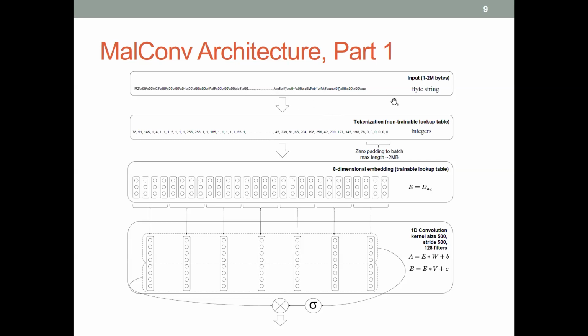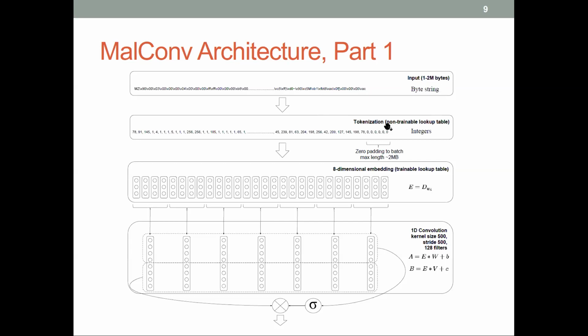So they start with a byte string. They assume that a typical malware binary or a benign binary will be around 1 to 2 megabytes in size. They actually cap the size of the input byte string to 2 megabytes.